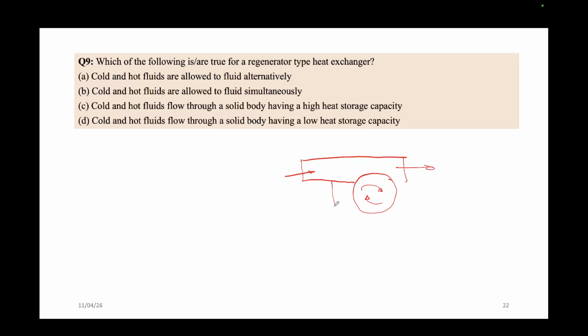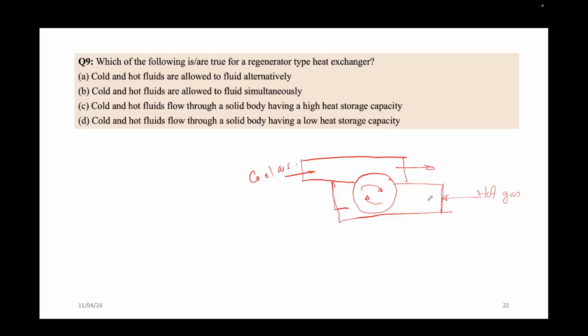Similarly, say cold air is flowing here and hot gas is flowing here.